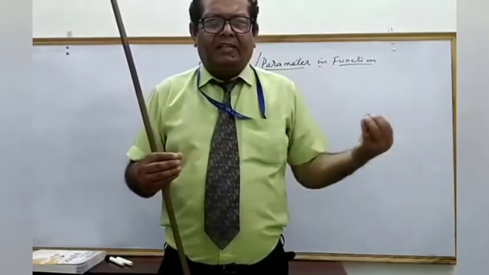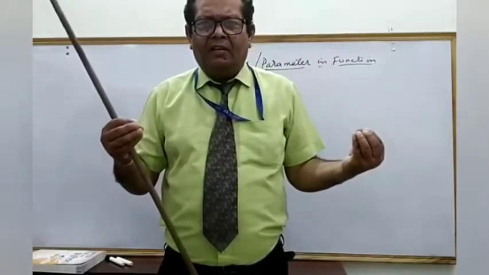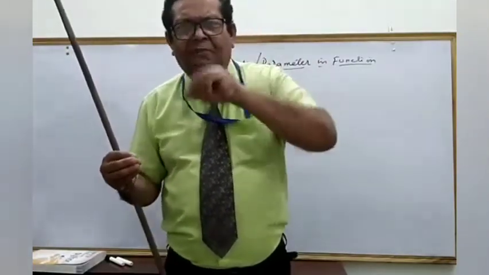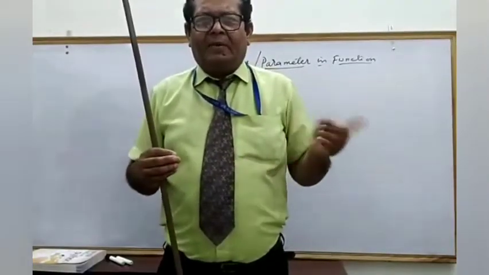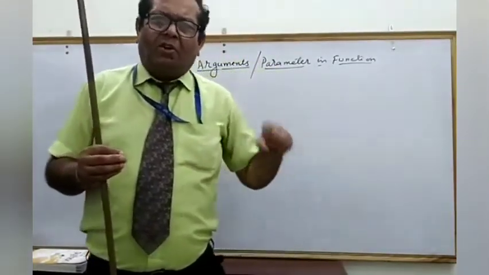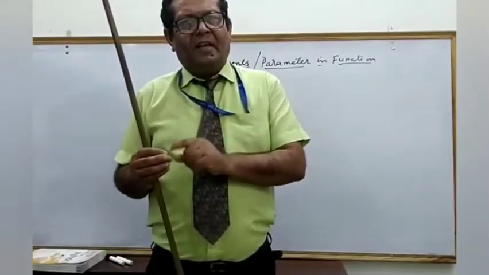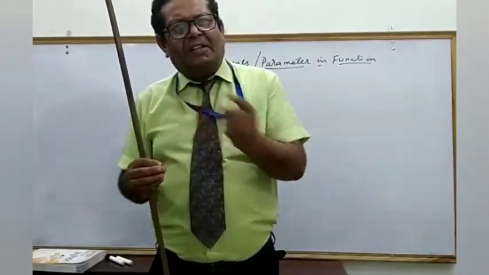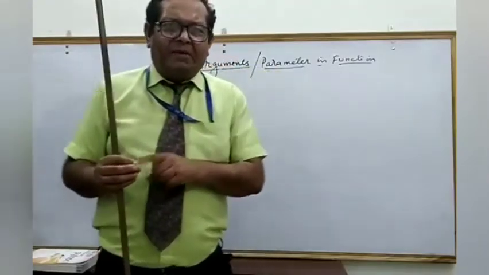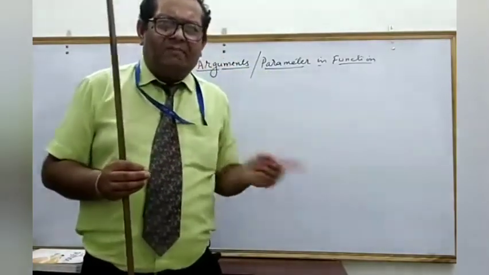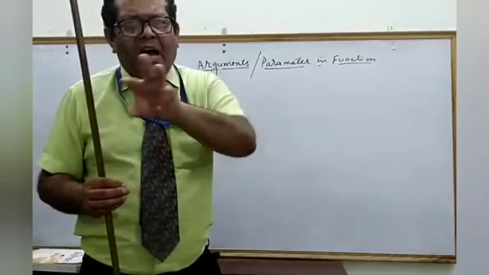Then in this case, the person X is a caller function. Person Y is a function that is to be executed when it is called. And for both Y and X, this ABC are the arguments.